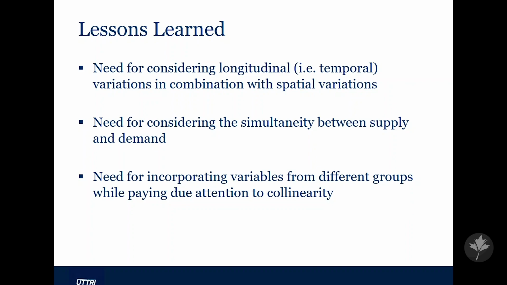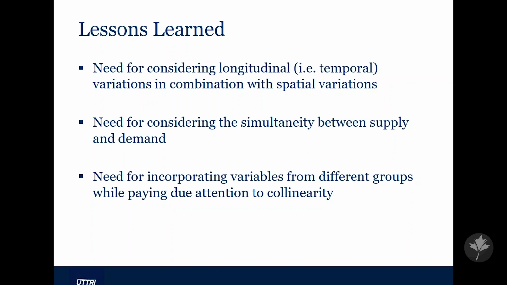The second lesson that we learned was the issue of the simultaneity between supply and demand. As we all know, transit demand is affected by supply, and also supply is affected by demand. So transit agencies respond to any surge or increase in demand or any change in demand by changing also the supply.